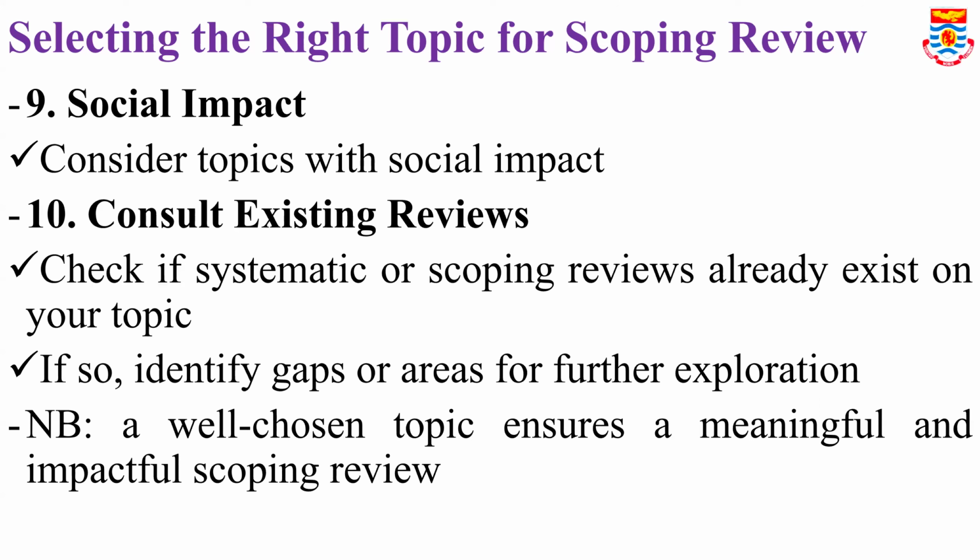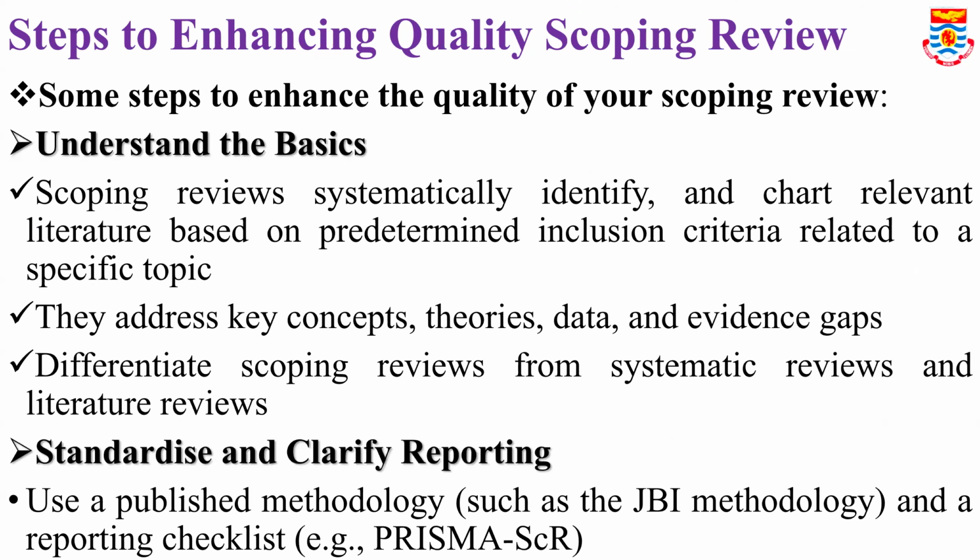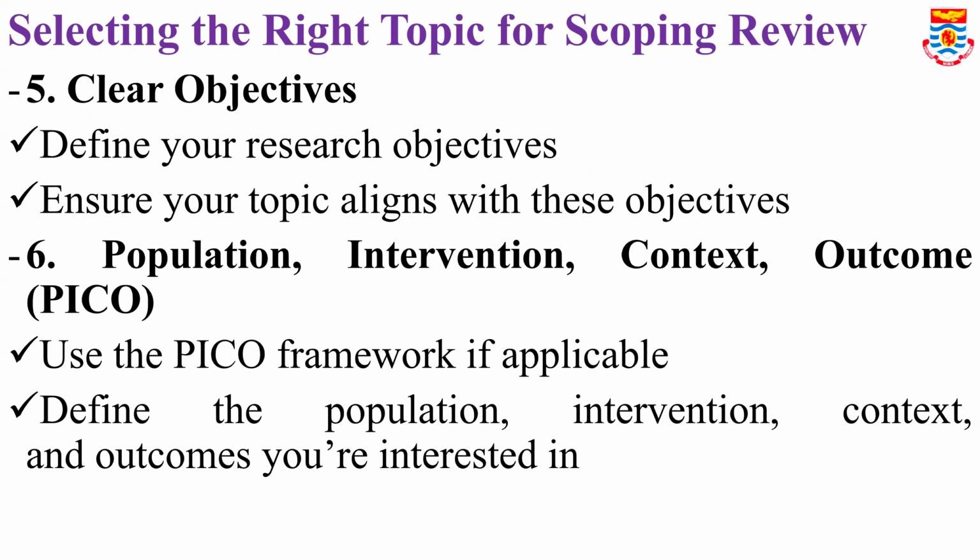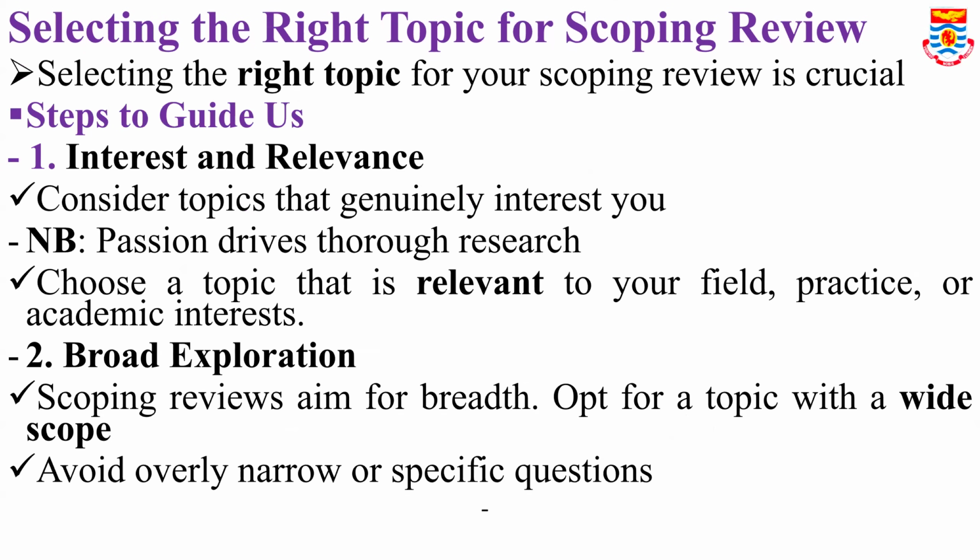Maybe they exist. If so, just look for the gaps they couldn't handle and include it in your title. For now, I have mentioned 10 points. The rest can wait. I started from here.